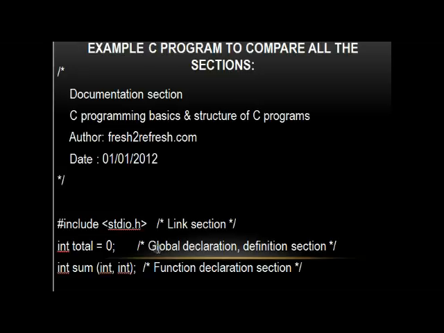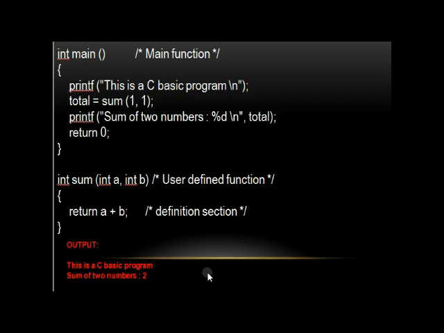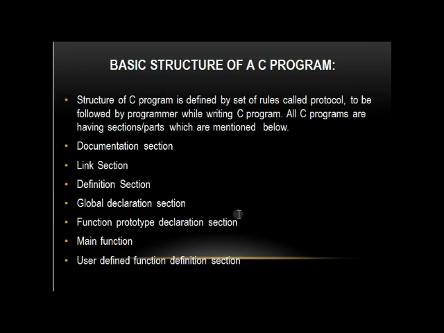This is the definition section or the global declaration section. This is the function declaration section. This is the main function. This is the user defined function definition section. So now let's go and see in detail with explanation.